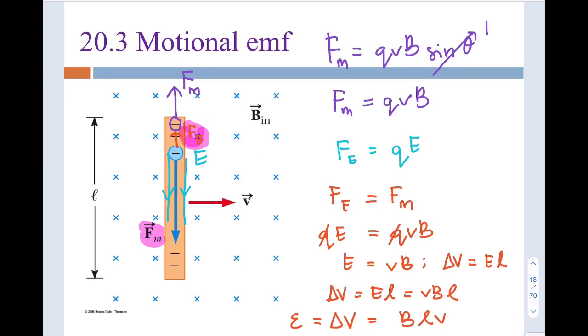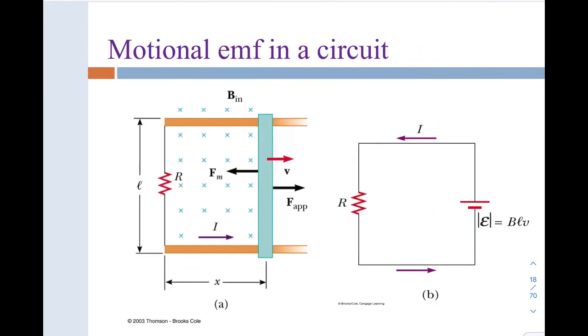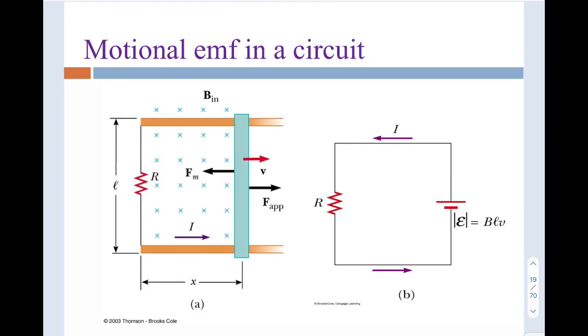This situation will be more interesting if now you have this conducting bar placed within a complete circuit like this. So now in this situation we have fixed railing bars, two railing bars connected to one load resistor, and the moving conducting bar is placed on top of the railing bars and pulled to the right.